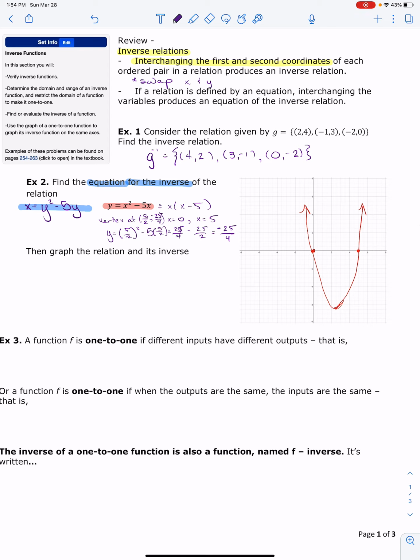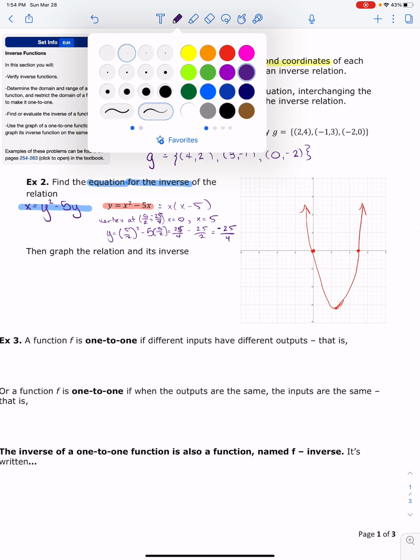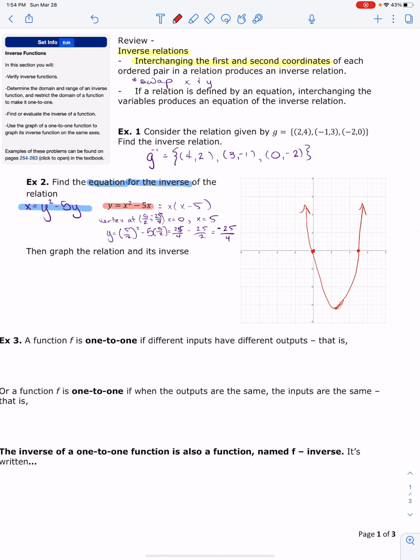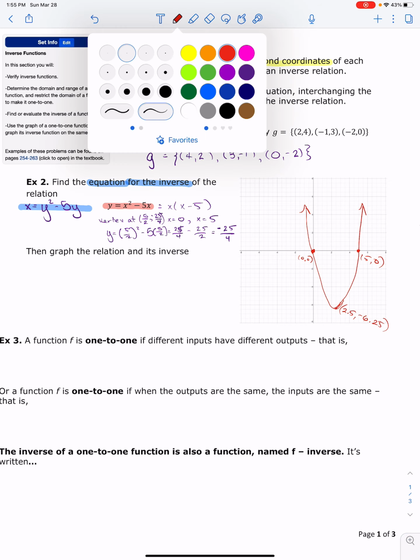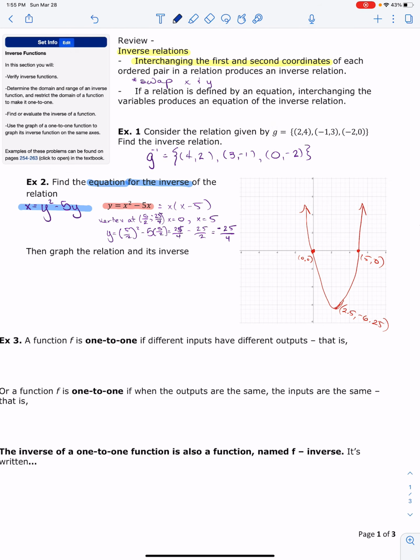Typically, we don't graph stuff that looks like this, the sideways parabolas. But I can take the points that I have on this curve. I've got 0, 0. I've got 5, 0. And I've got 2.5, negative 6.25, going from fraction to decimal. Which means that if I want to graph that inverse relation, I can swap, I still get 0, 0.